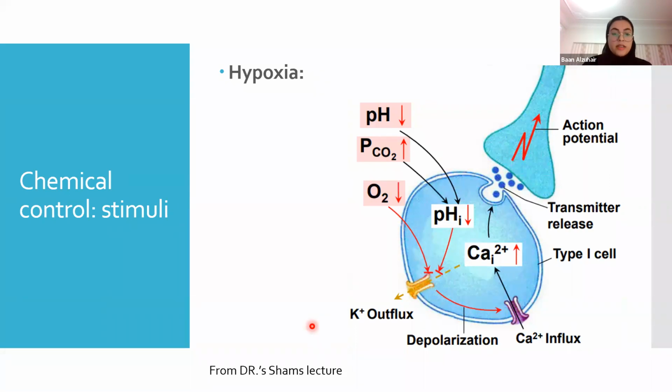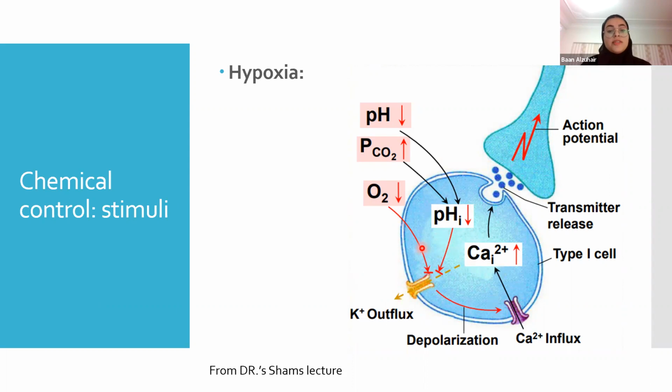When they block the potassium channels, they block the potassium outflux. And I'm pretty sure you've taken action potential by now in MSK, okay? So when the potassium outflux is blocked, you're going to have depolarization inside this cell.